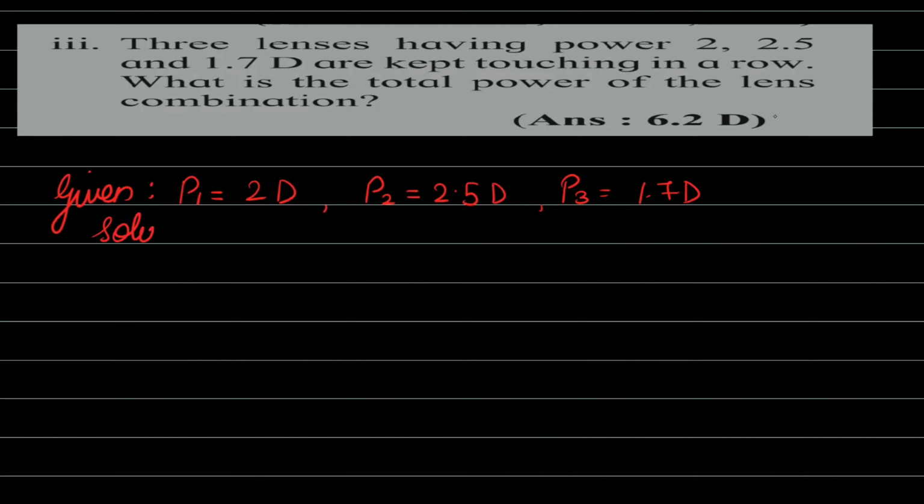So solution can be written as P equals to P1 plus P2 plus P3, where we have considered P as our total power. So total power will be addition of all the three powers of the lenses, which is equal to 2 plus 2.5 plus 1.7. After adding this, we get 6.2 diopter.